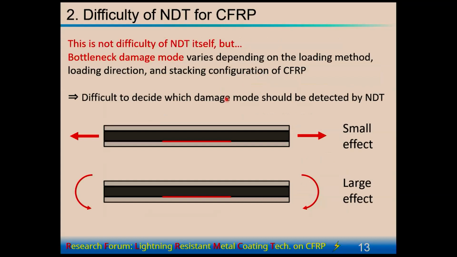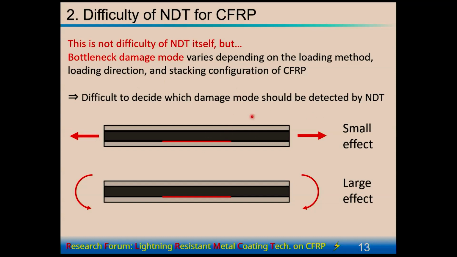And also, this is not a difficulty of NDT itself, but the bottleneck damage mode for structures varies depending on the loading method, such as tension or bending, and also loading directions. Even with the same loading, when we change the stacking sequence, the stacking configuration of CFRP, the bottleneck damage also changes.